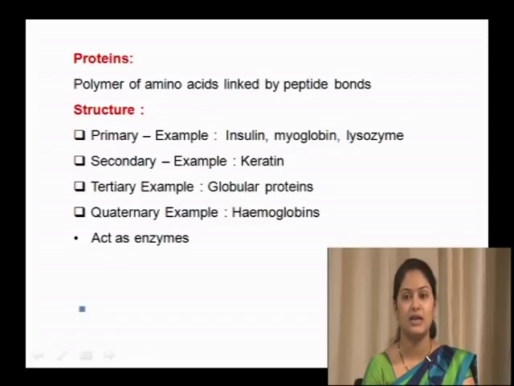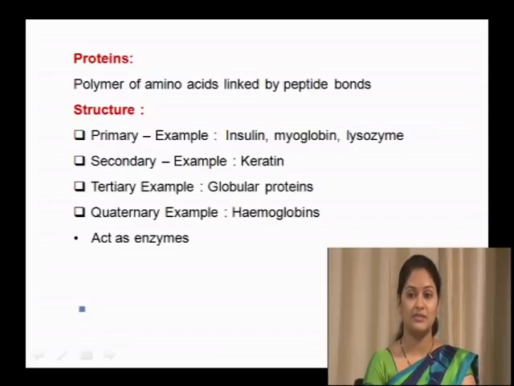Tertiary proteins are the ones where the polypeptide chains are spherically coiled or form a ball-like structure, and you can include globular proteins under this. And the fourth classification is quaternary protein.